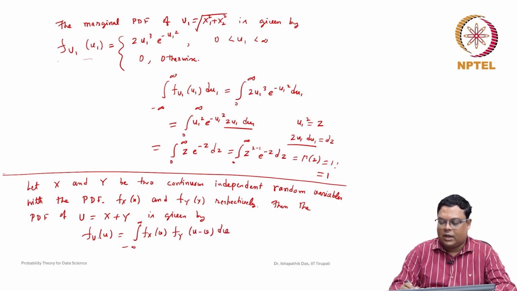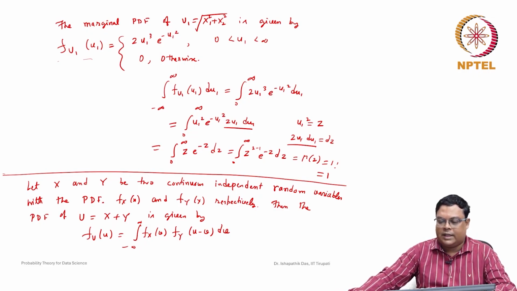In mathematics this kind of operation is known as the convolution of two functions, fX and fY. By convolution we can find the probability density function of the sum of two random variables. Let us see how it comes.